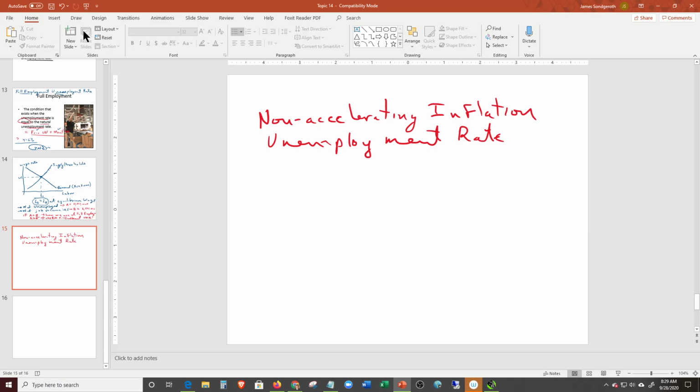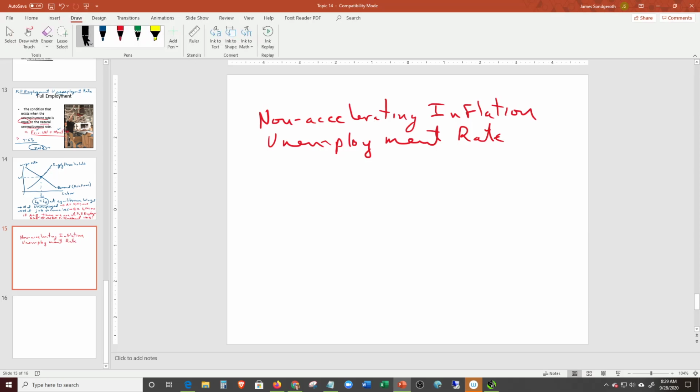And the idea here, and this is hard to get this data too, is that if we draw a graph, now this is a little bit different graph than I've drawn before, and let's just say this is real GDP, and here we have a measure of the inflation rate.